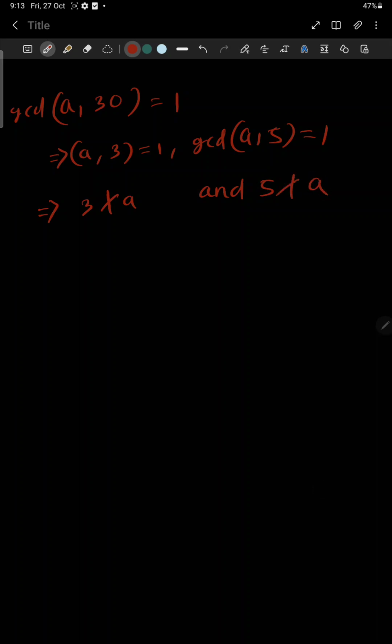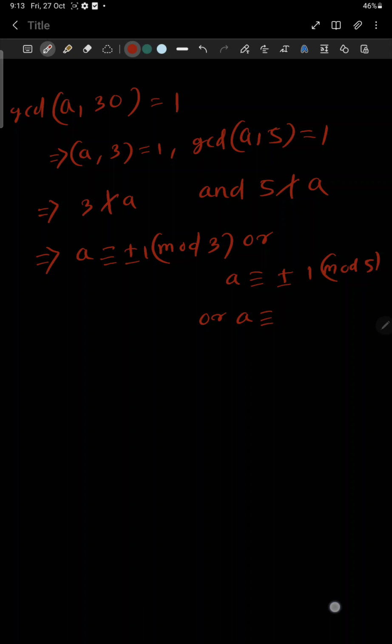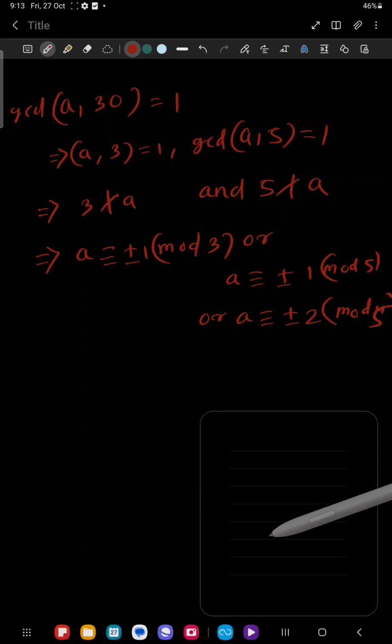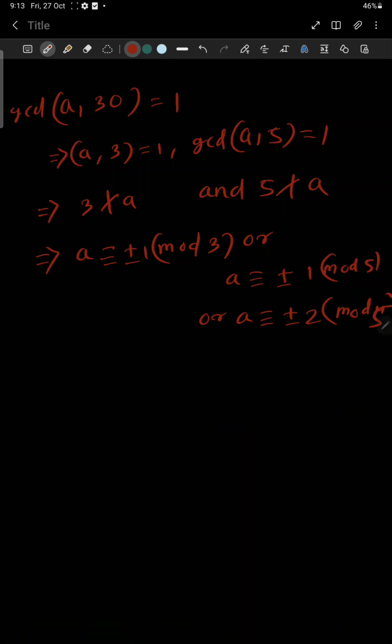Okay, this is given. From this we conclude that a is congruent to plus minus 1 mod 3, or a is congruent to plus minus 1 or plus minus 2 mod 5, because when 3 does not divide a, the remainder should be either 1 or 2.